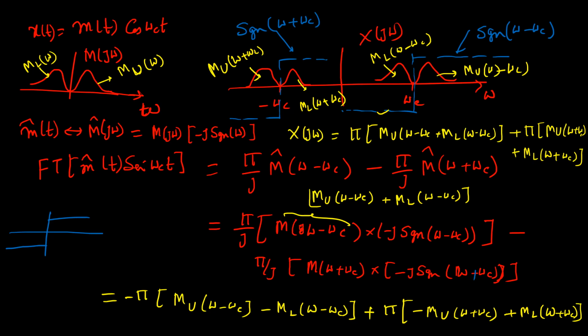That's simple. So two components. These two components basically give you M of omega minus omega c, and M of omega plus omega c.